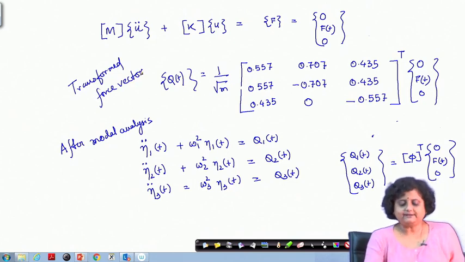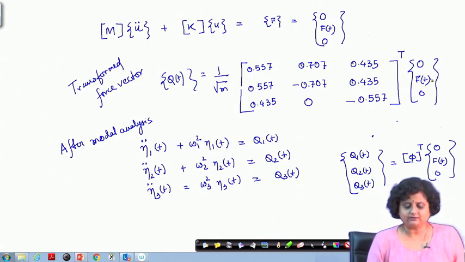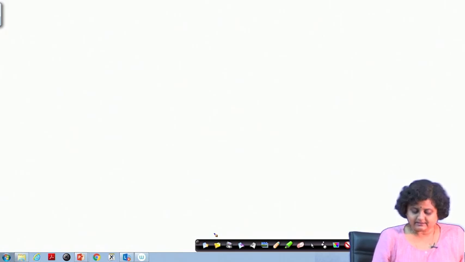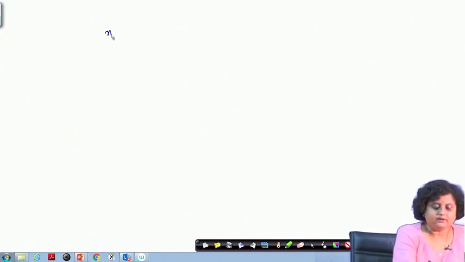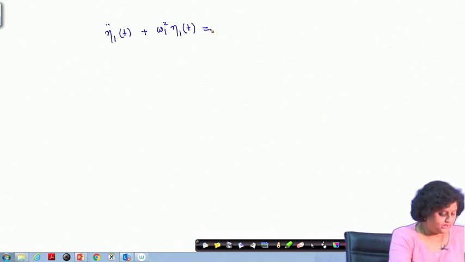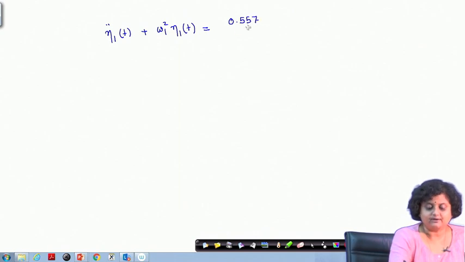Okay. So, if I take the transpose of this multiplied by the force vector, what I get is eta 1 double dot t plus omega 1 square eta 1 t is going to be 0.557 by root over m into f t.